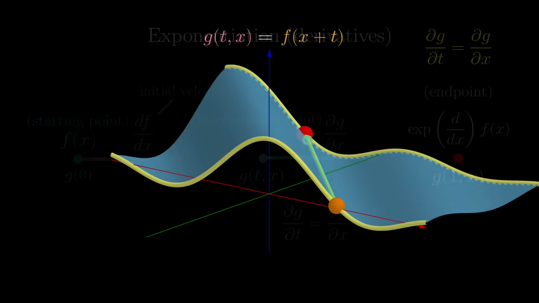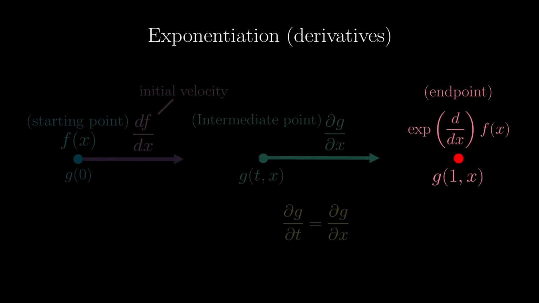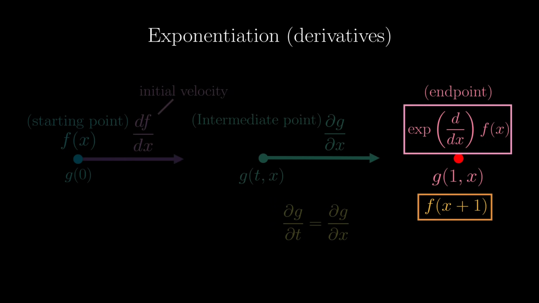If we go back to the exponentiation, which is what this whole thing is for, ultimately we want g of 1,x, which according to the result we have just derived, means that the final destination is f of x plus 1. So what the exponential of d/dx does to a function f of x is to shift the argument in the function by 1.